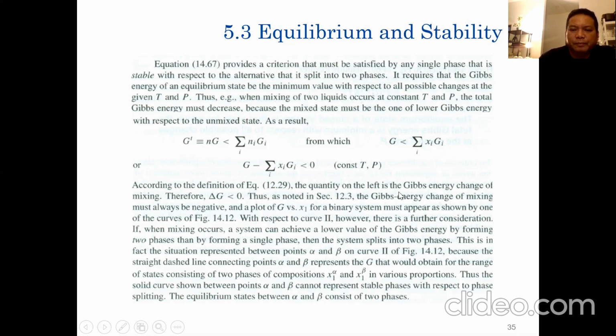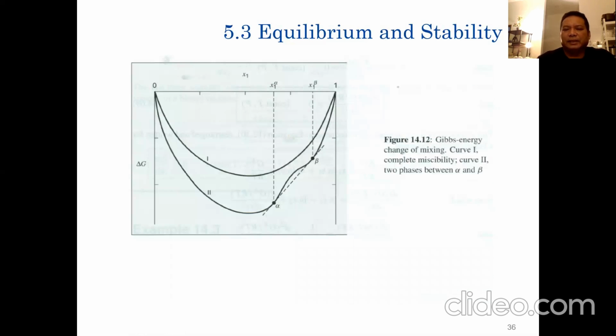This is the graph that shows the miscibility. Miscibility means that it mixes very well. But if you notice, over this line here, alpha and beta, this is immiscibility. It means that one of the phases is in a different form, so this gives a bit of a curve here.